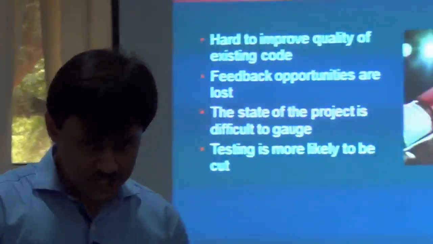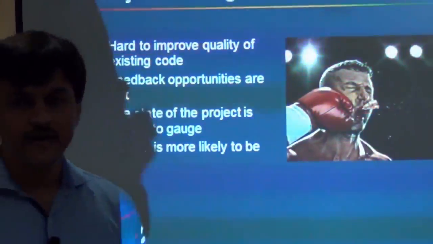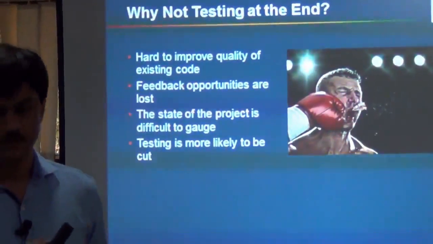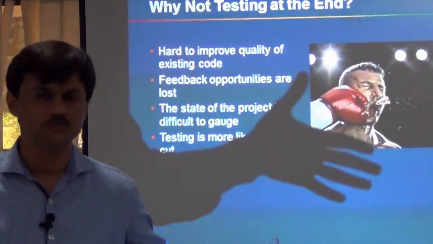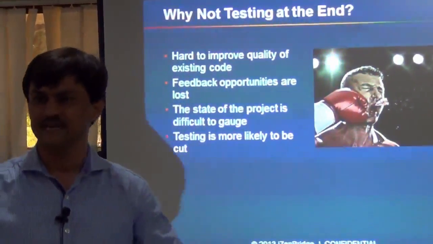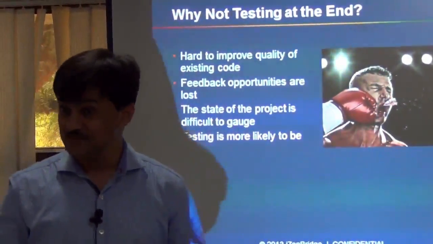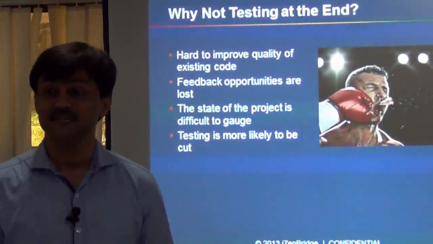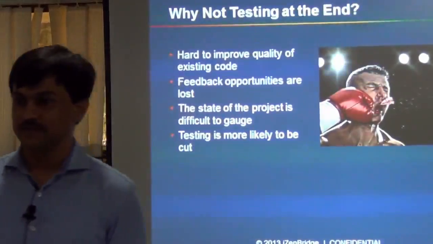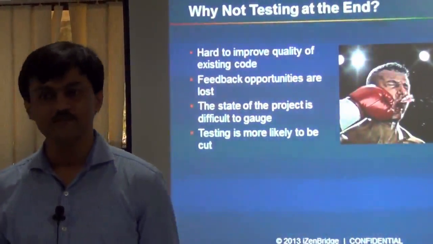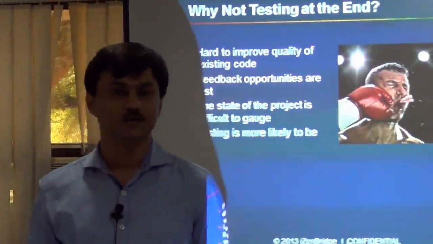Why? Because traditionally we have been testing at the end of the development cycle, be it waterfall, or a project with a duration of 3, 4, or 5 months. A lot of Scrum-implementing teams are also doing testing at the end, but inside the sprint only. They have a 4-week sprint, 3 weeks they do development, and the last week they do testing.